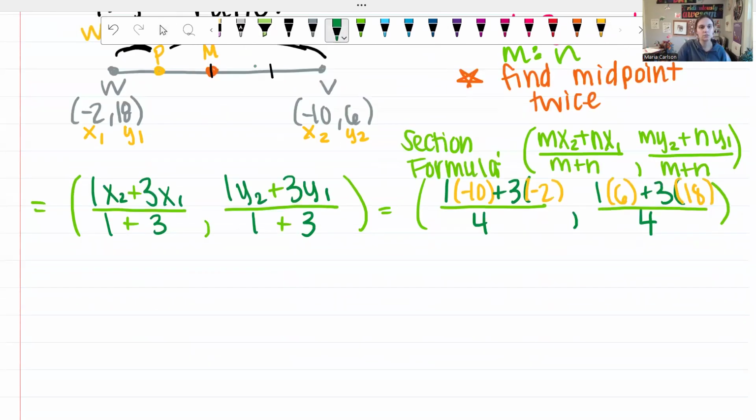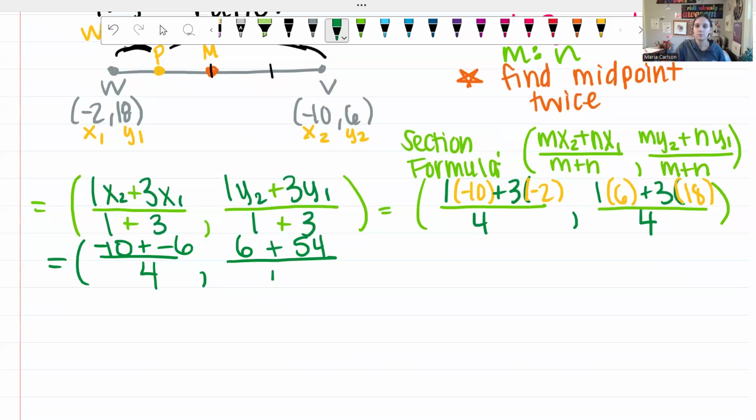All right, using the order of operations here, oops, I meant to do the parentheses first. We have 1 times negative 10, which is negative 10, plus 3 times negative 2 is negative 6, divided by 4. That'll give us our x coordinate, and then our y coordinate is found by 1 times 6 is 6, plus 3 times 18 will give us 54, divided by 4.